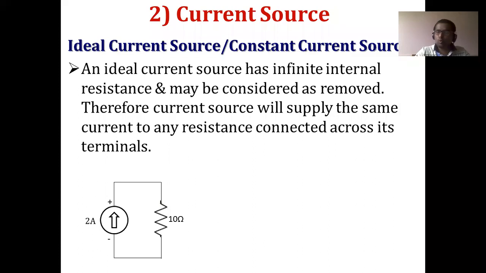Definitely it's 2 ampere. Is it right? Now when the 2 ampere current flows through this 10 ohm resistance, how much is the voltage developed across that 10 ohm resistance? Current is 2 ampere, resistance is 10 ohm. Definitely the voltage developed across it becomes 20 volt. Is it right?